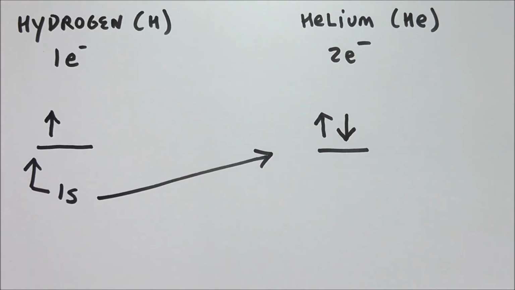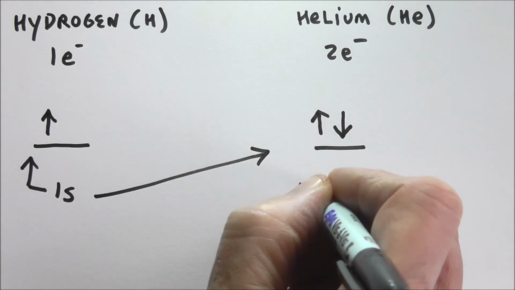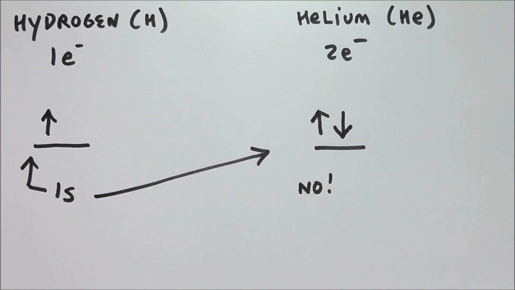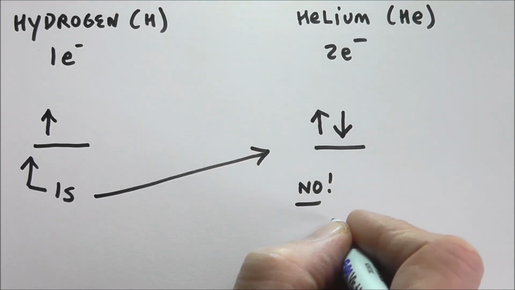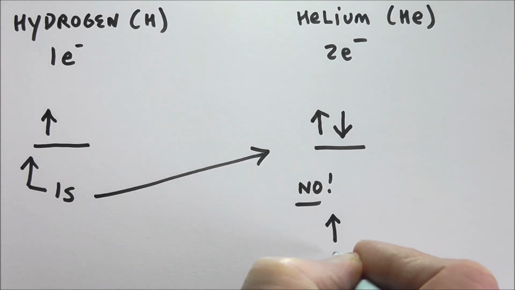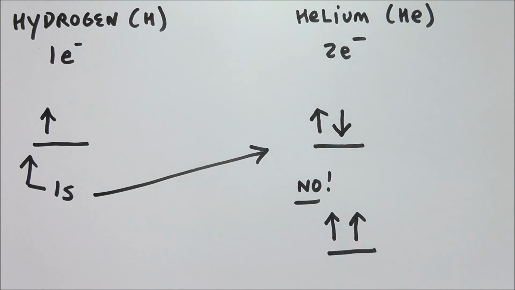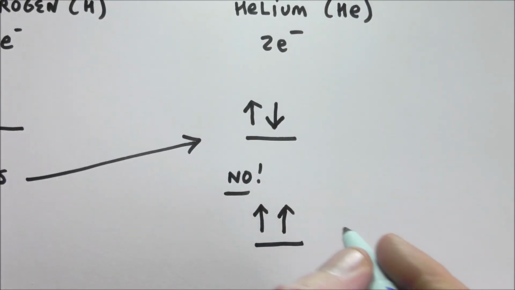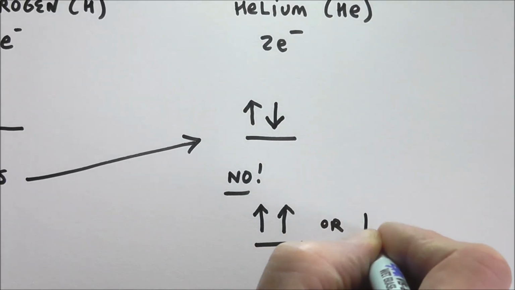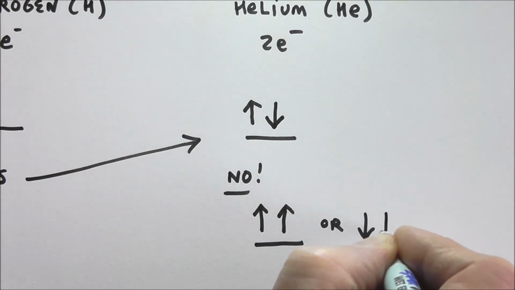Let's talk about what doesn't happen in nature. What doesn't happen is that this orbital fills up with 2 electrons of the same spin, no matter which way. These rules have fancy names.